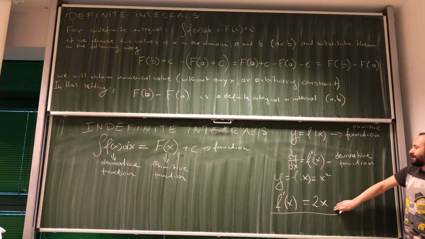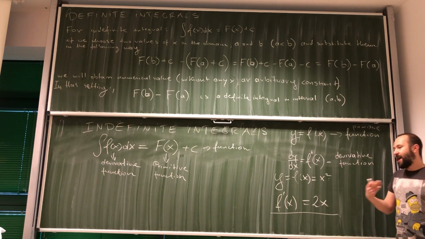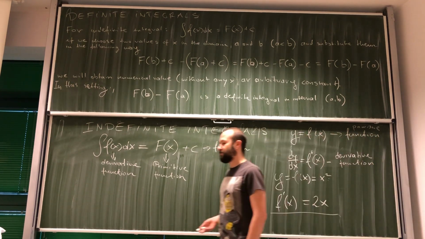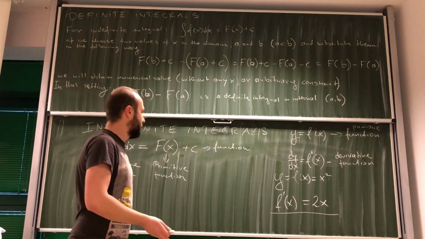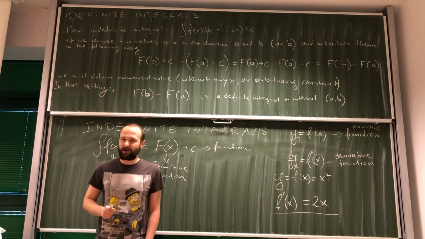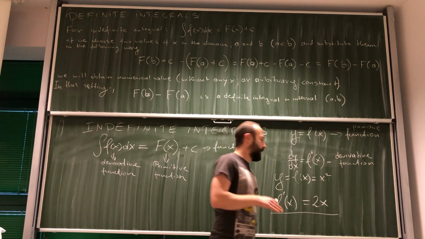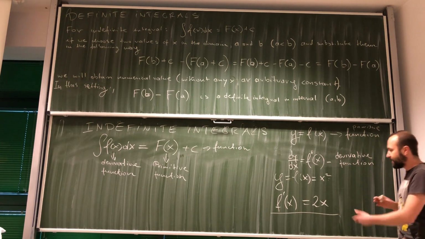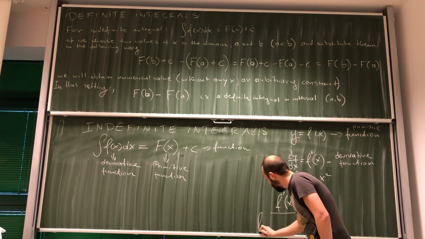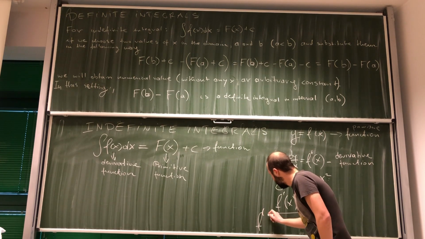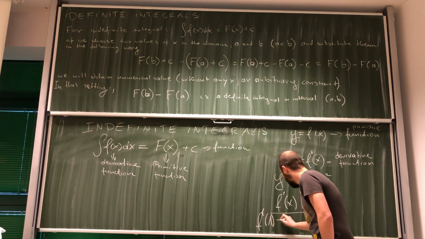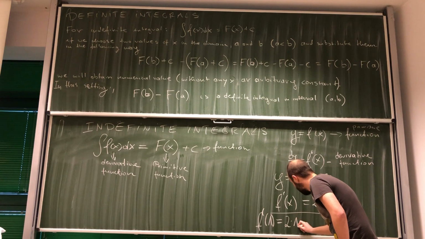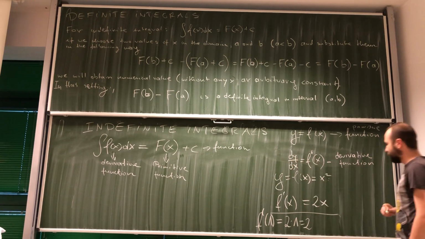But at this moment, if you ask me, what is the slope of x squared at 1? I don't know it yet, right? What I need to do is to substitute the value inside the derivative. So if I put 1 inside the derivative, I get 2 times 1, which is equal to 2.